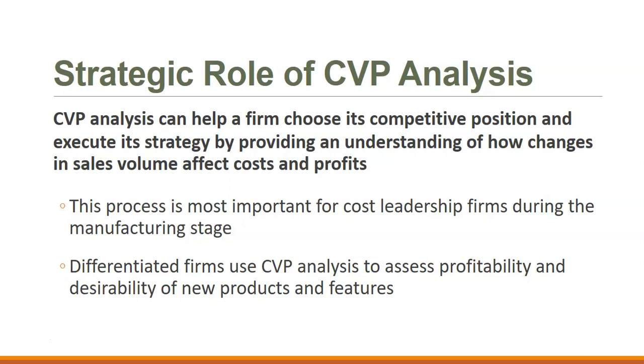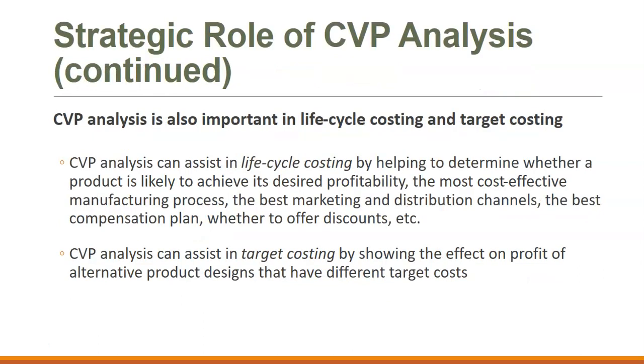This process is most important for cost leadership firms during the manufacturing stage, where differentiated firms use CVP analysis to look at profitability and desirability of new products and features. We can also look at how different things, such as marketing campaigns, can increase our sales volume and also affect our costs and profits.